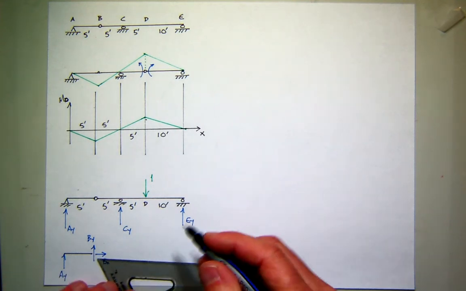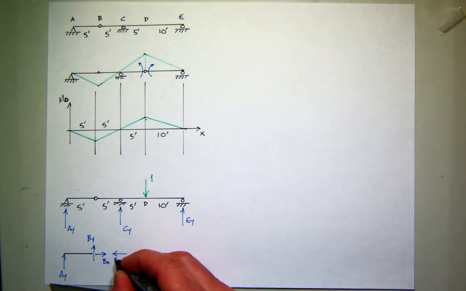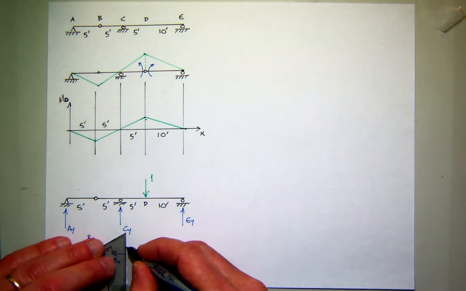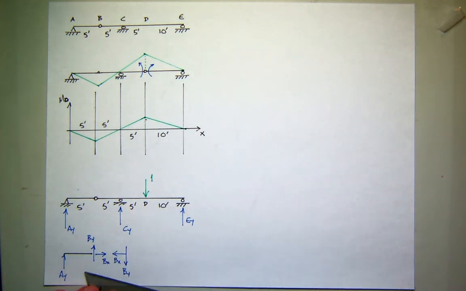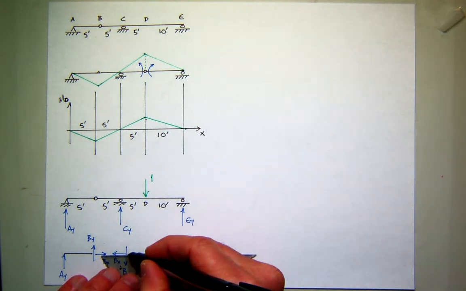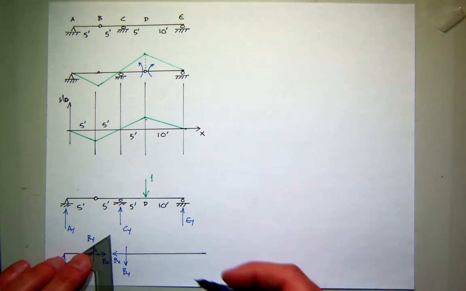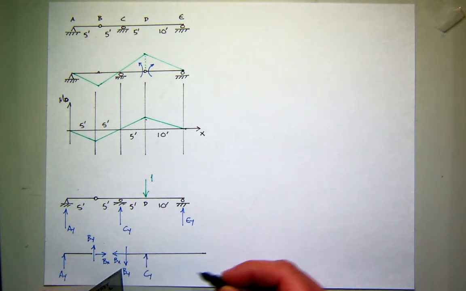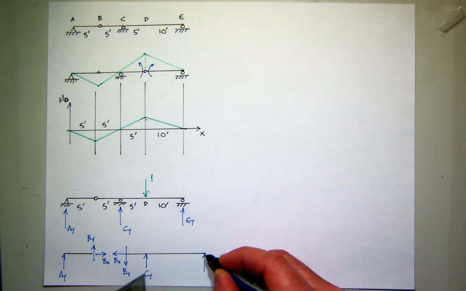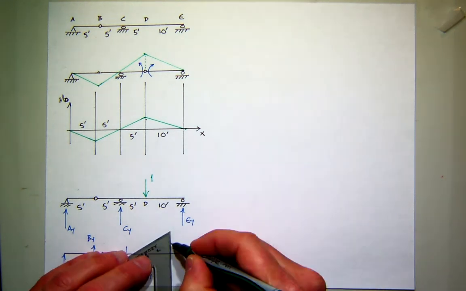And on the other side, I'll have equal and opposite. And then I'll have the rest of the diagram as I drew before, with CY, EY, and my unit load.